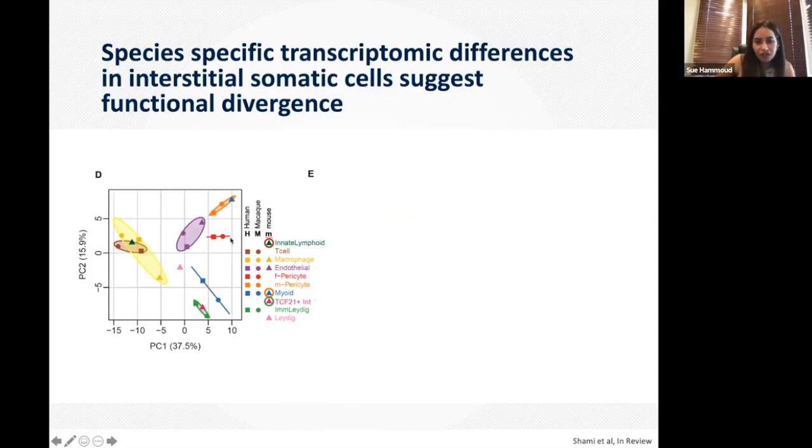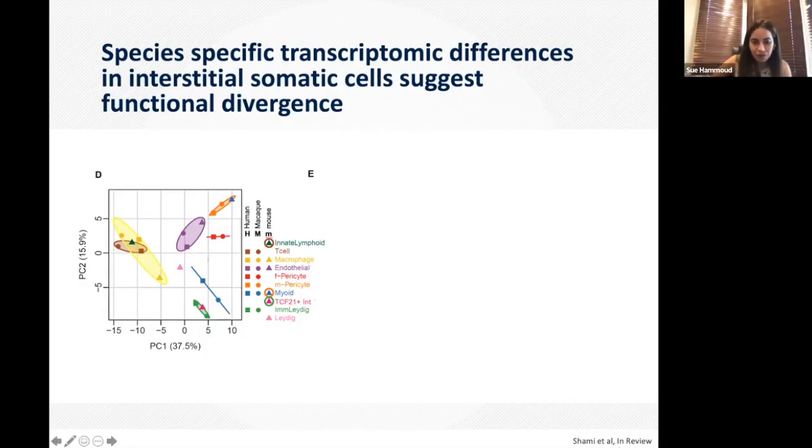But when we compare the testis-specific somatic cells present within the testes, we see a lot of variation in the transcriptome of these cells, and we actually see shifting in relationships.